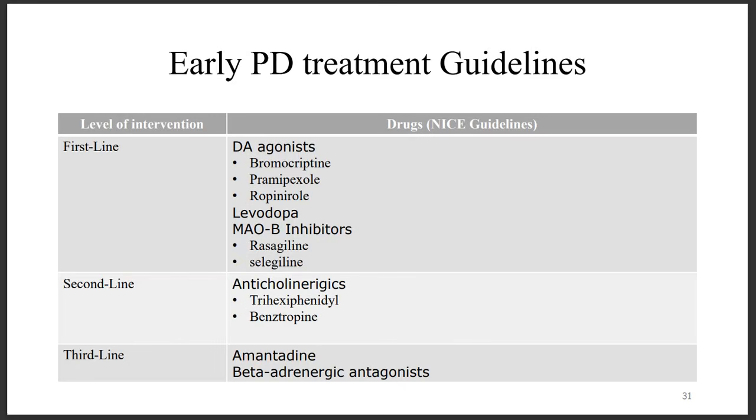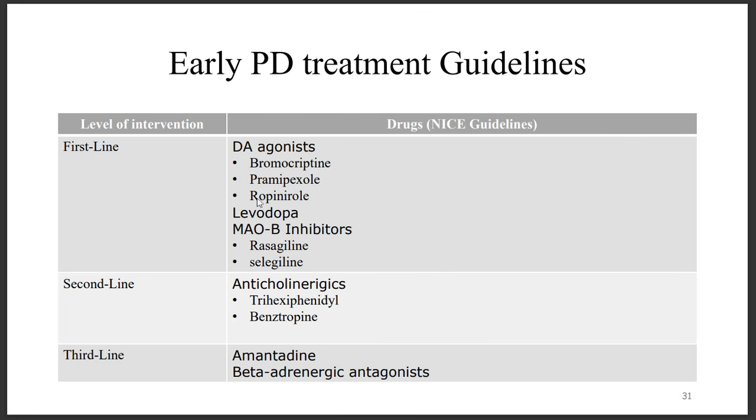And then according to Dr. Mwanza, you have got first line drugs, second line drugs, and third line drugs. For the first line, you are going to use the dopamine agonists, and for him you need to know specifically which ones you are having for MCQ: bromocriptine, pramipexole, ropinirole.